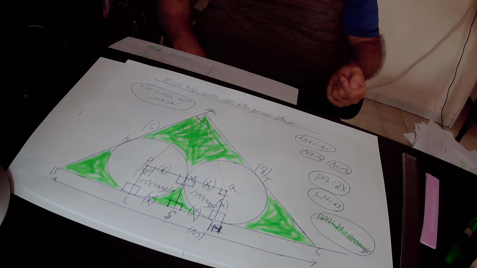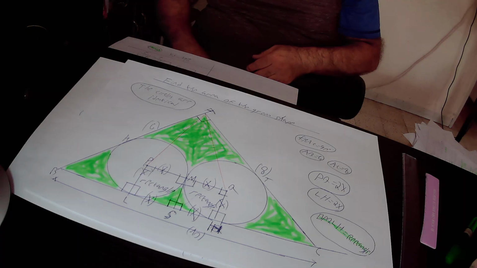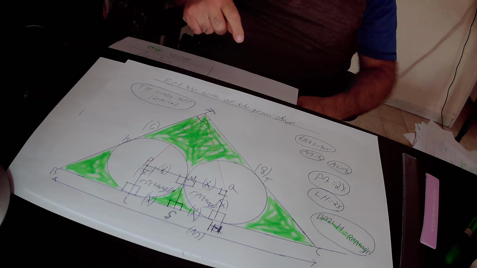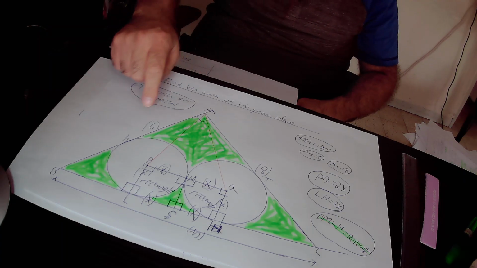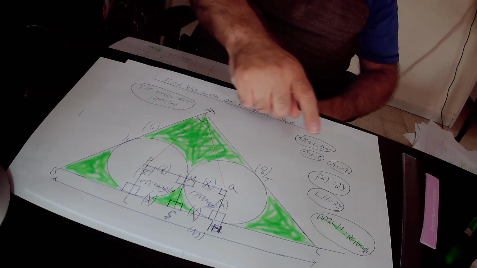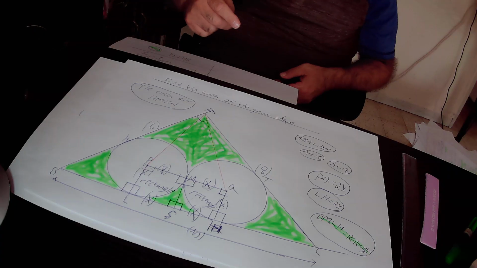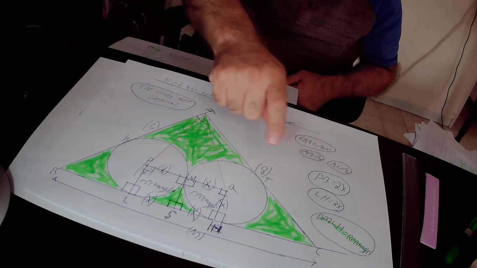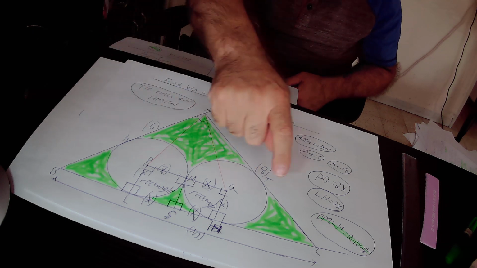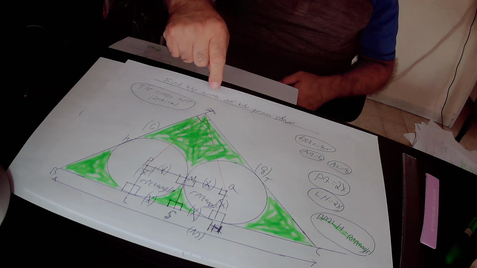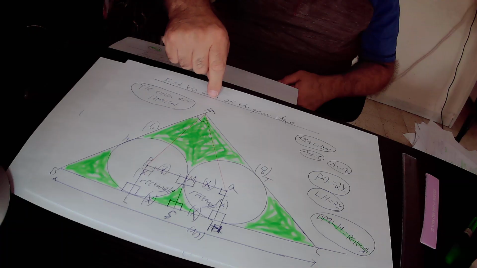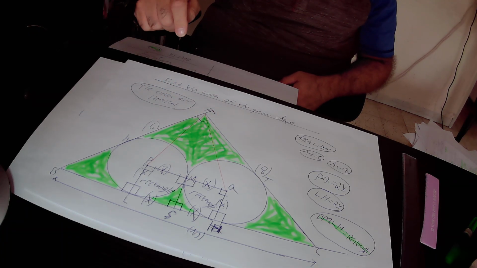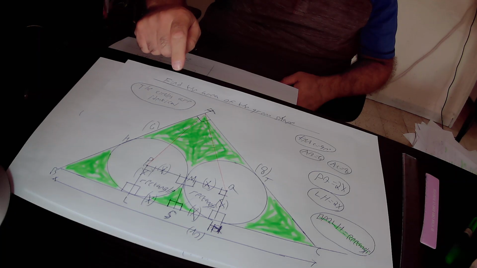We can find the area of the right triangle ABC by a different method. Here we chose the base of triangle ABC as AB and the height as AC. But you can choose the base of triangle ABC as BC. So if the base is BC, then the height will be the perpendicular to BC, over 2.